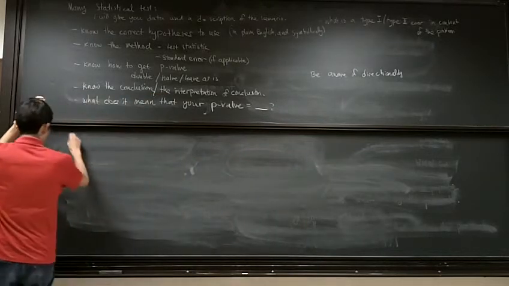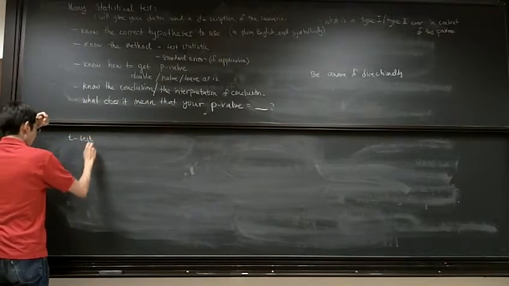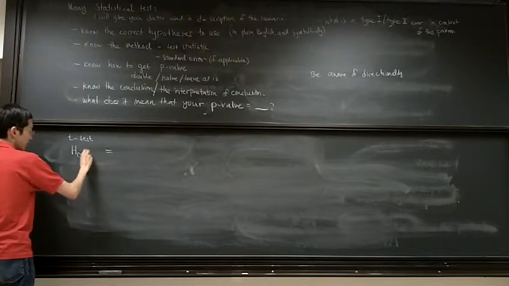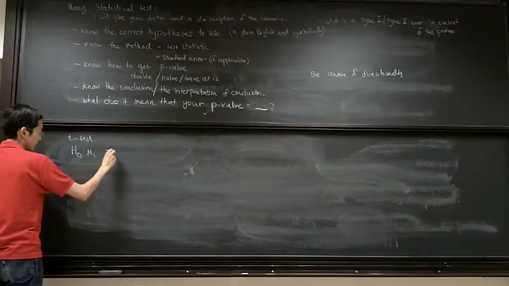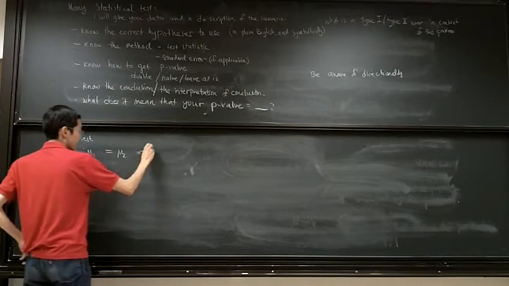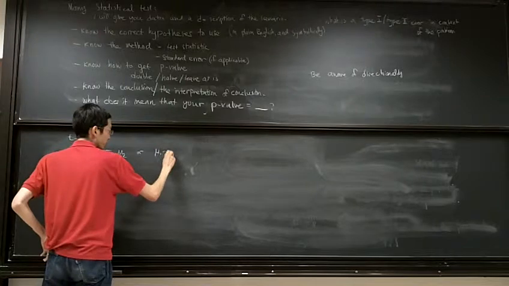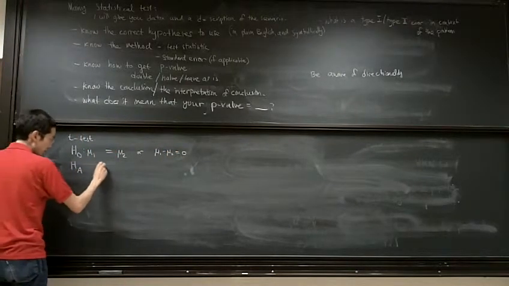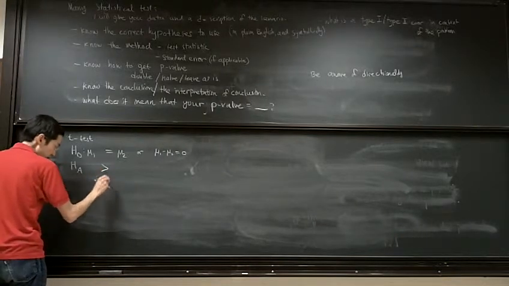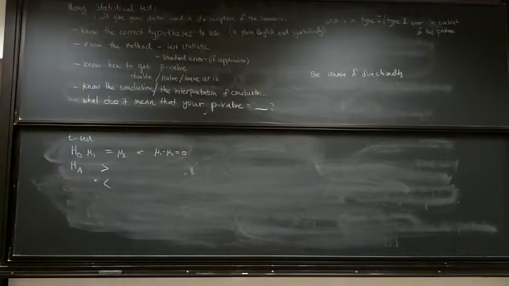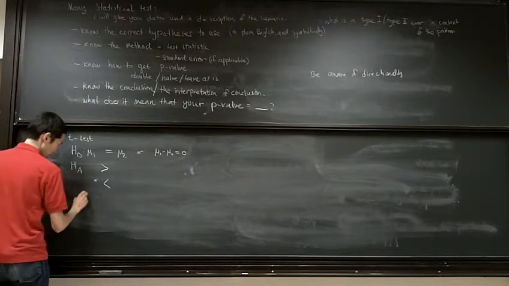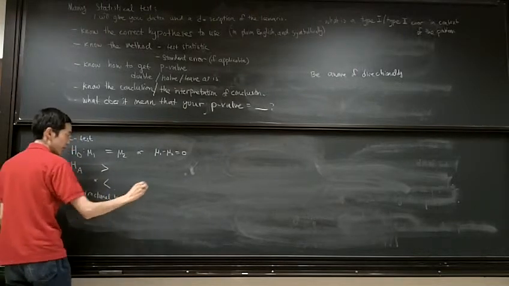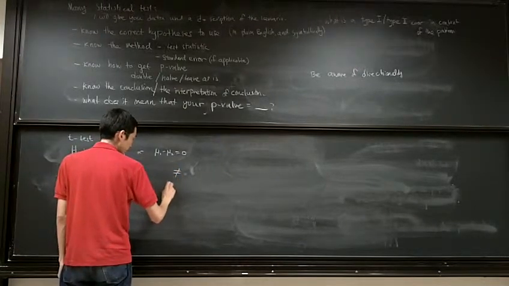So let's say you're doing a t-test, and the null hypothesis will always have an equal sign. It might be mu1 is equal to mu2, or conversely we can write mu1 minus mu2 equals 0. And then the alternative, if it has greater than or less than, means we have a directional test. If we have a not equal sign, we have a non-directional test.